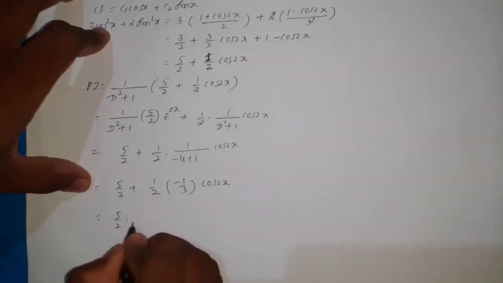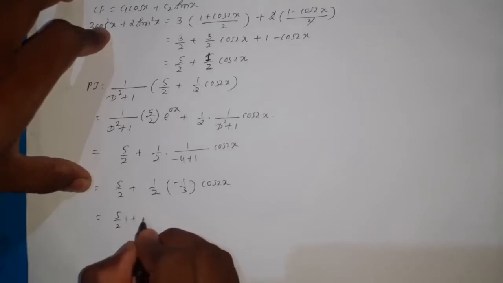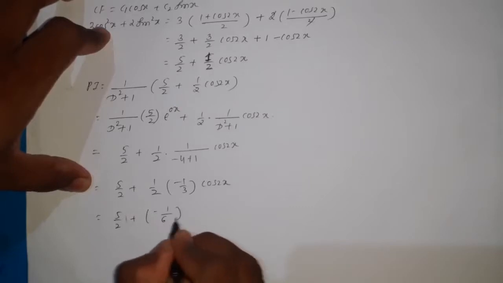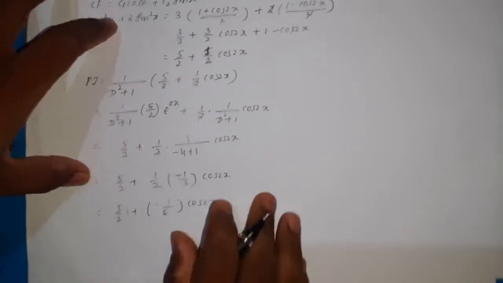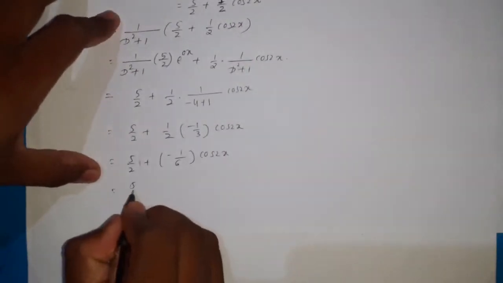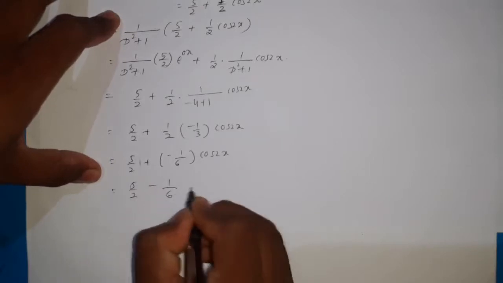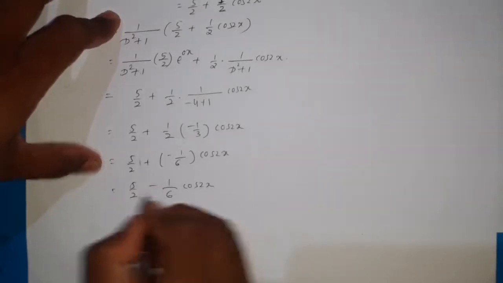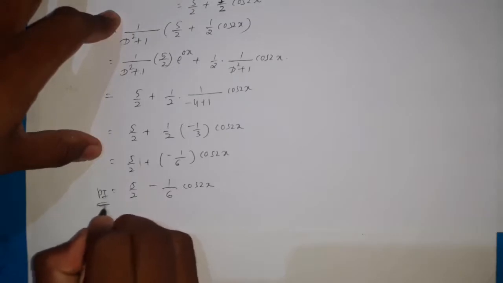So therefore 5 by 2 plus, here it becomes minus 1 divided by 6 cos 2x. So therefore 5 by 2 minus 1 by 6 cos 2x is the required particular integral.